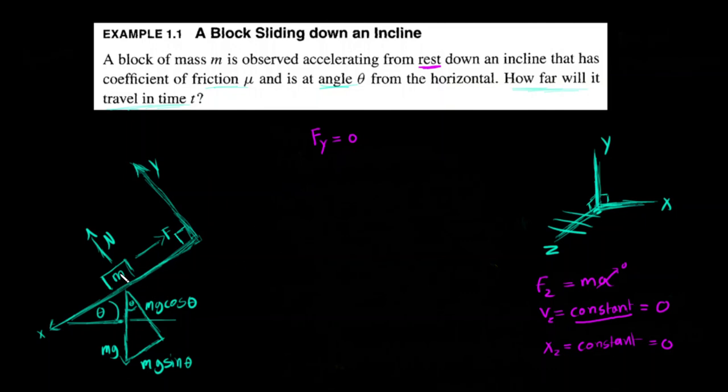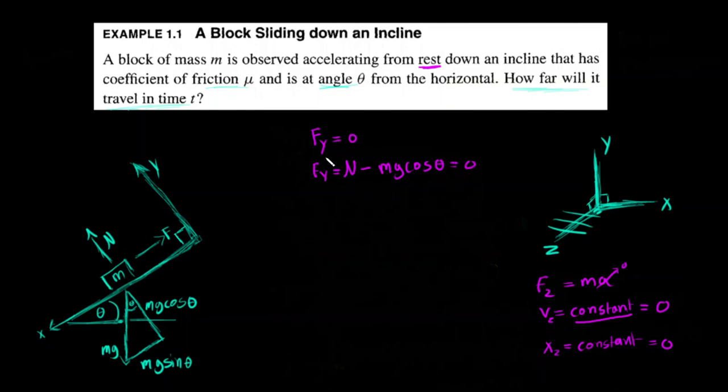You see down here that there's the normal force, and that's part of the y component, but so is mg cos theta. If it is equal to 0, then we can rewrite this as the normal force minus mg cos theta is equal to 0.